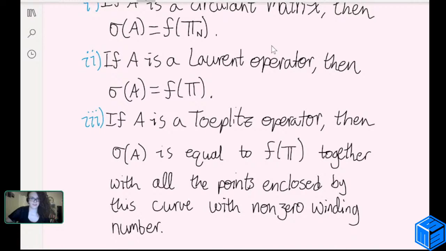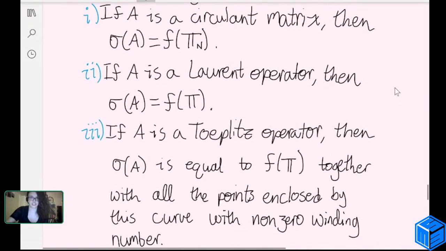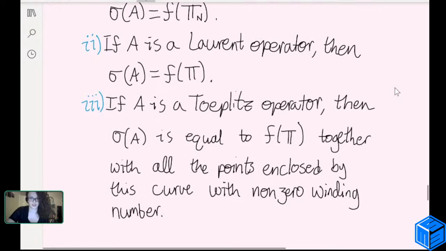So you can have a variety of different objects with the same symbol, but they would have different spectra depending on the type of operator that it is. And as for a general Toeplitz matrix that's not a circulant matrix, well, it's not so easy. But these ones are nice and easy to talk about, the circulant matrix, the Laurent operator, and the Toeplitz operator.